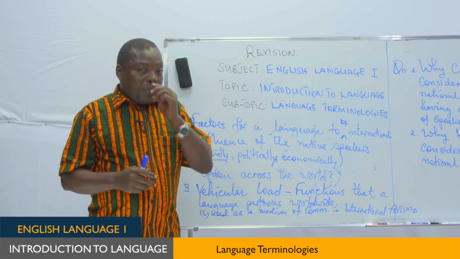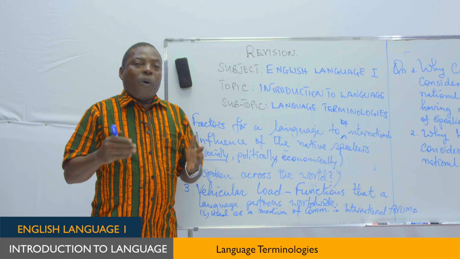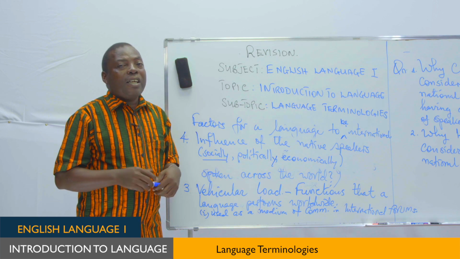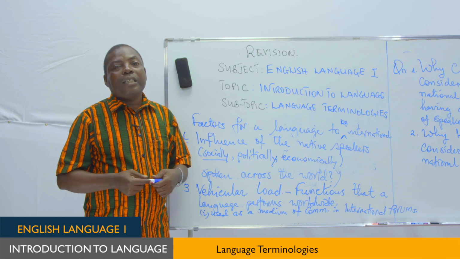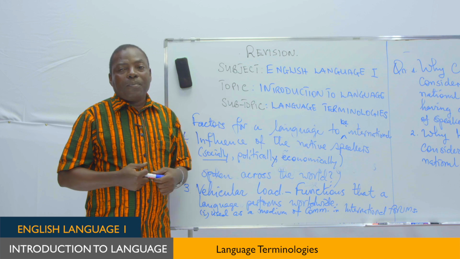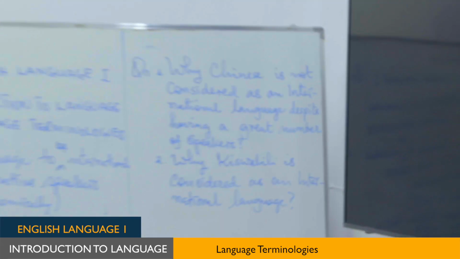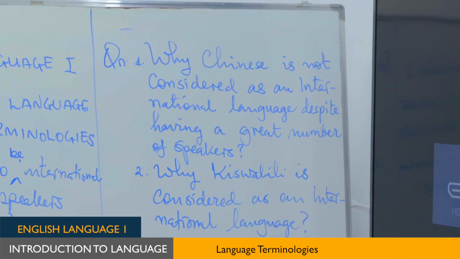That's where you get a problem. But of course, there are some countries where the citizens speak Chinese as a foreign language. We have some of them even here in Tanzania who speak Chinese. So we find that in point number one, Chinese does not qualify.